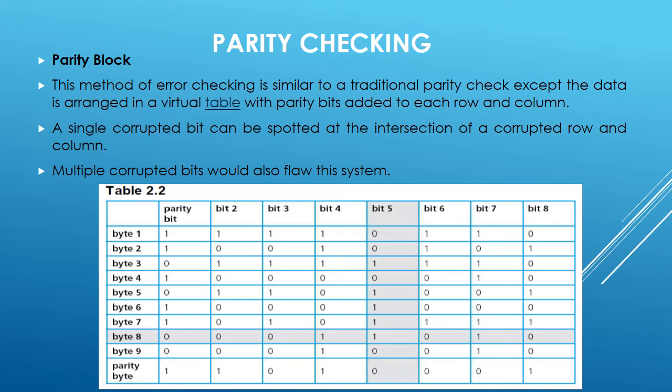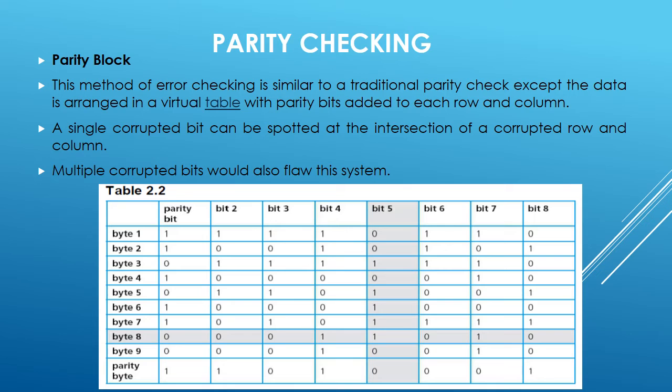So it is correct. In the second row, there are 3 ones and the parity bit is set to 1 to make it even. In the third byte, there are 6 ones, which is already even. So the parity bit is set as 0, which is correct. In byte 4, there is a total of 1 one.